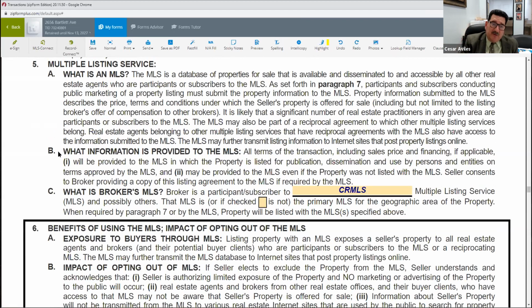Then you explain the information that you're going to put in the MLS. We're going to get to the form, it's an MLS input form. The better you fill out the form, not just the required fields but everything, the better off you are representing your seller.